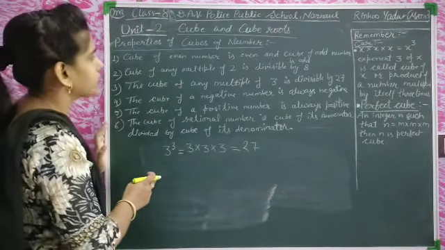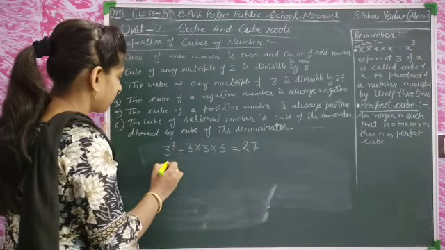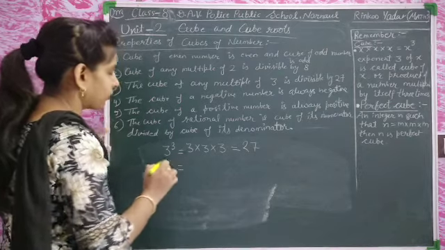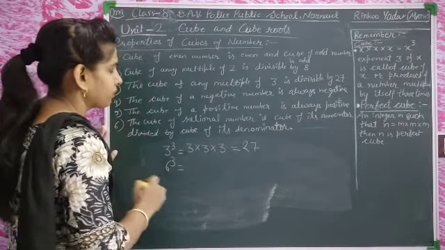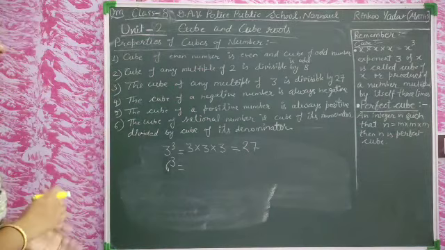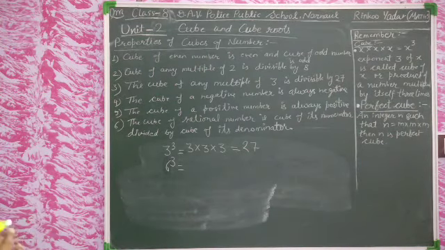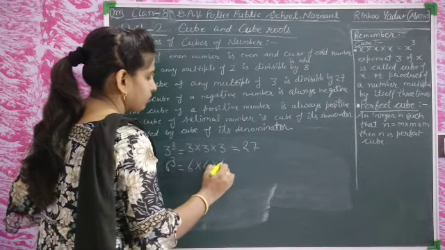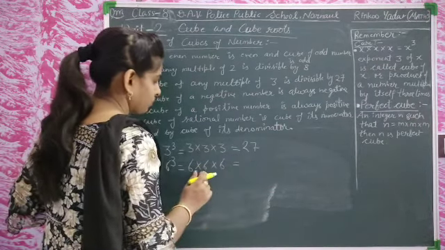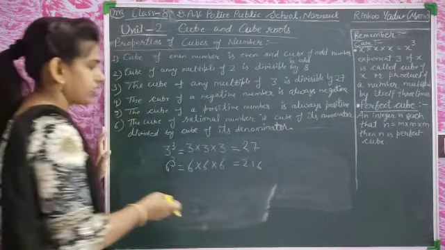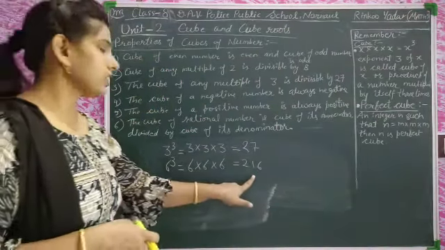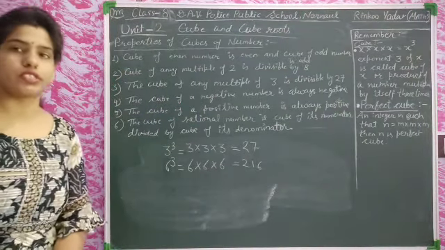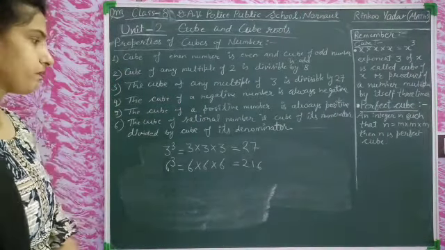Now again there is a multiple of 3, that is 6. 6 cube is also divisible by 27. 6 into 6 into 6 equals 216. That I have already done. Yes, 6 cube is equal to 216. It is also divisible by 27.